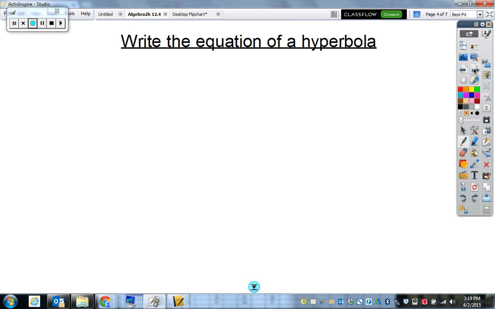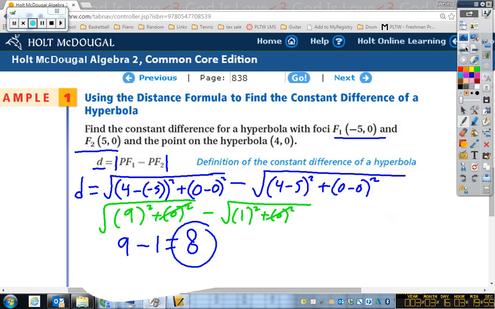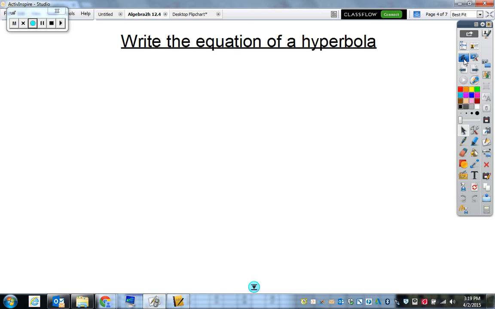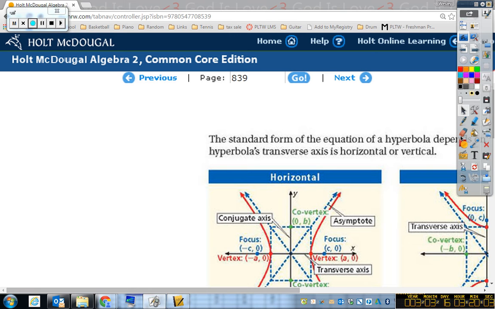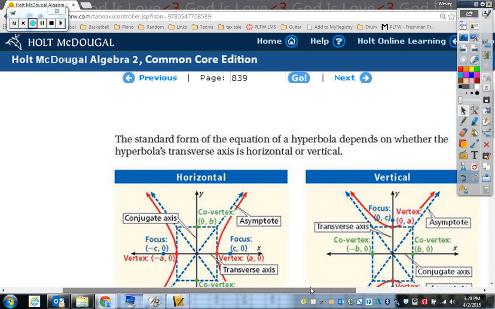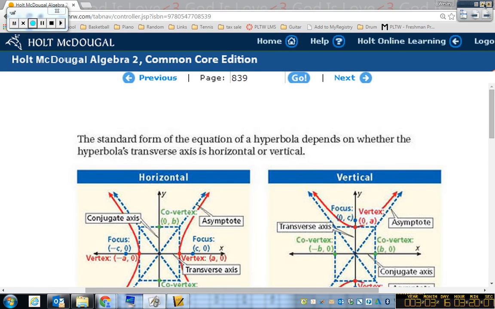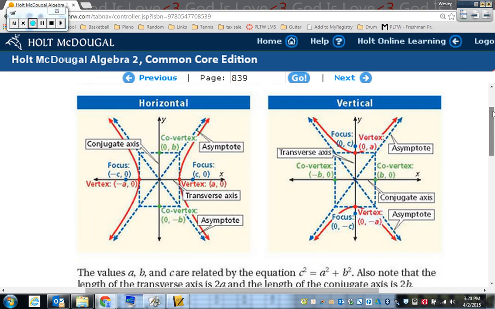Next, we're going to talk about how to write the equation of a hyperbola. To do this, we're first going to look at our graphs and our charts on the anatomy of a hyperbola. So here are my graphs.